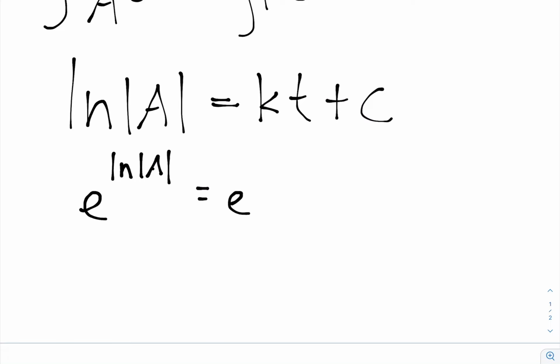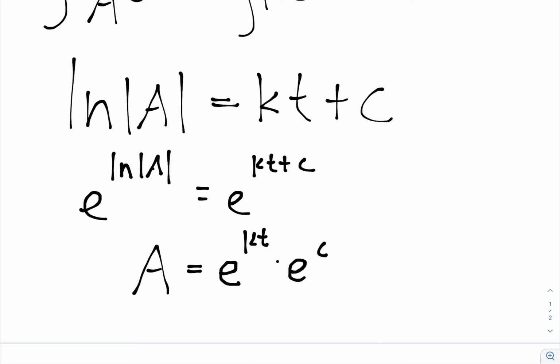This is e to the kt plus C. E to the natural log of A, that's just from your logs unit, that's the same as A. Okay, e to the kt plus C, we can split these off. This is equal to e to the kt times e to the C, right? Because if we multiply two exponentials with the same base, their exponents add, and we can split them off like this.